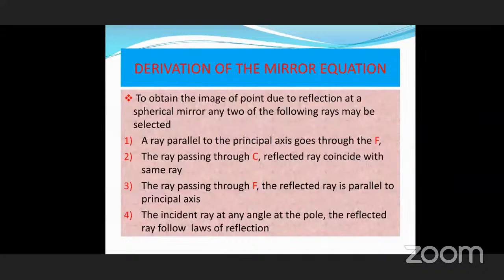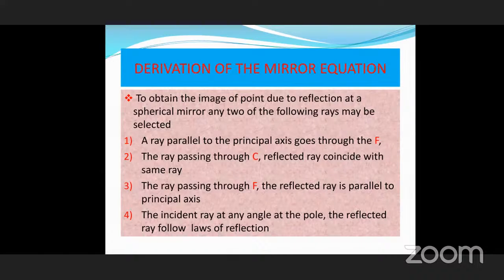Sometimes we can take another important ray, passing through C, the center of curvature. Whenever a ray passes through the center of curvature, it reflects back in the same direction. You cannot see a separate reflected ray, as the incident and reflected rays coincide. This may be helpful to see the image.